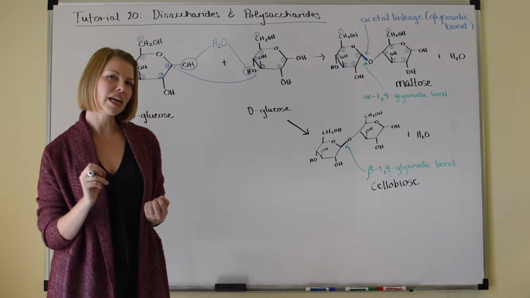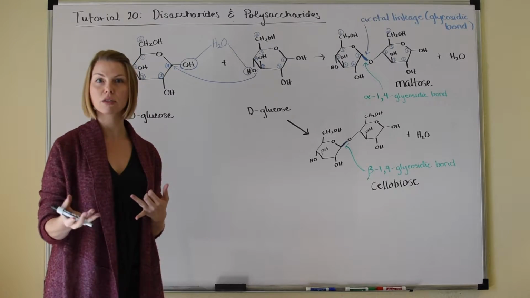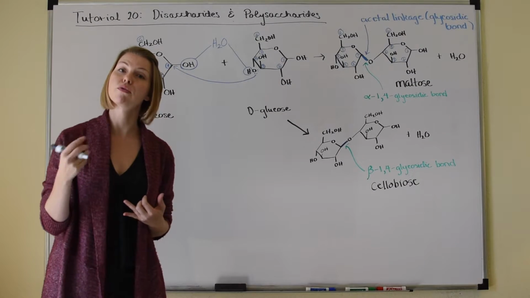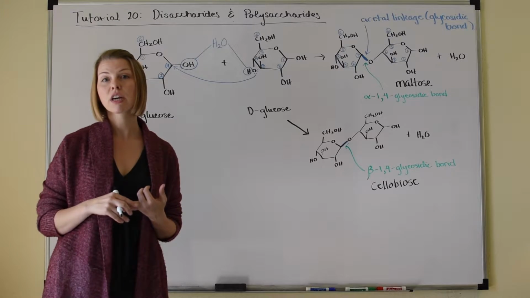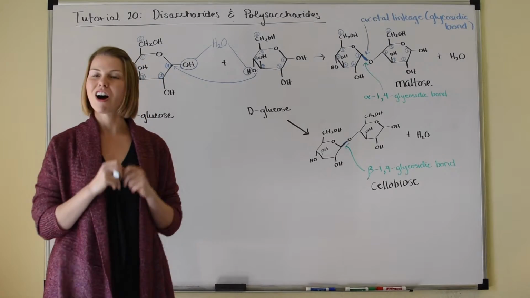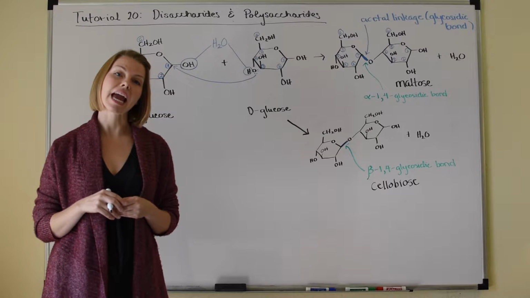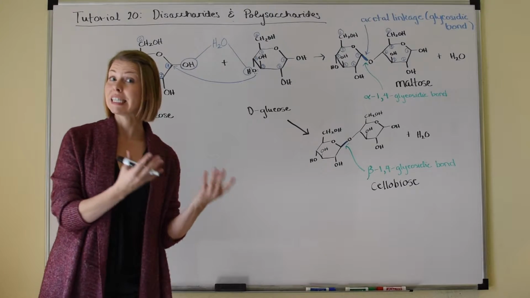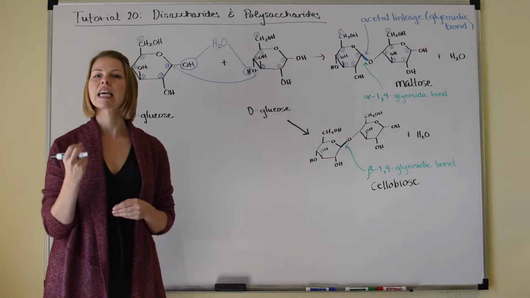There are some grazing animals who can. So cows and sheep who eat grass, which is mostly made up of cellulose, can break down that beta 1,4 glycosidic bond. Termites, which gnaw on wood, which is mostly cellulose as well, can also break down that beta 1,4 glycosidic bond, but humans cannot.